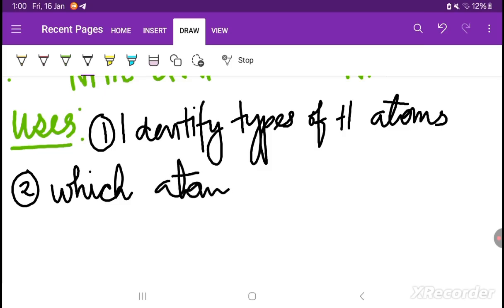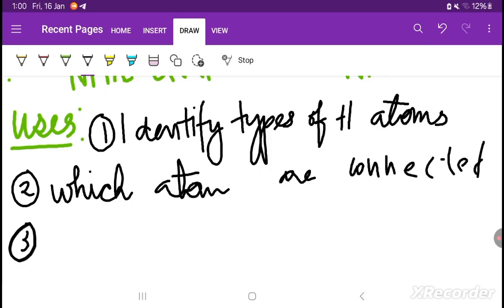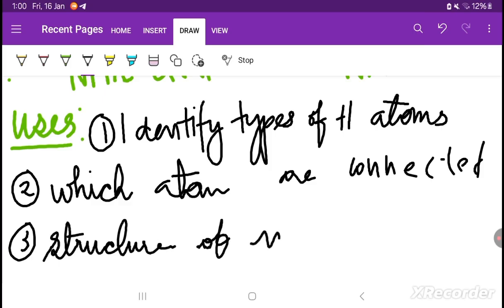We will discuss later how we identify the atoms. And the third use is to determine the structure of a molecule. To find out the structure of a molecule, this spectroscopy is used.